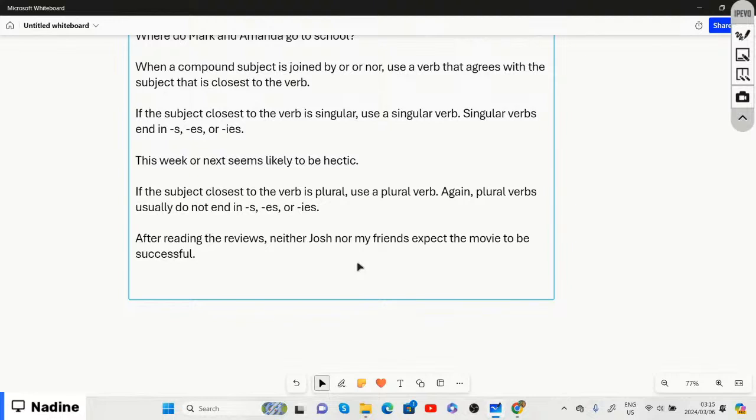So if the subject closest to the verb is plural, we use a plural verb. And again, plural verbs usually do not end in s, es, or ies.